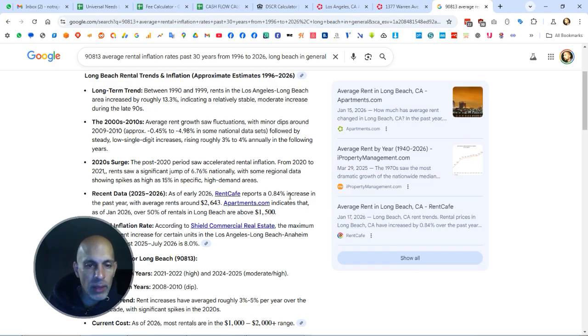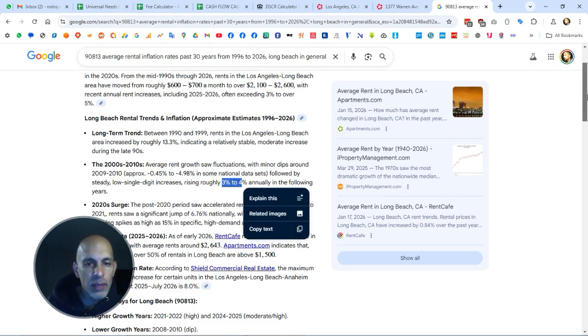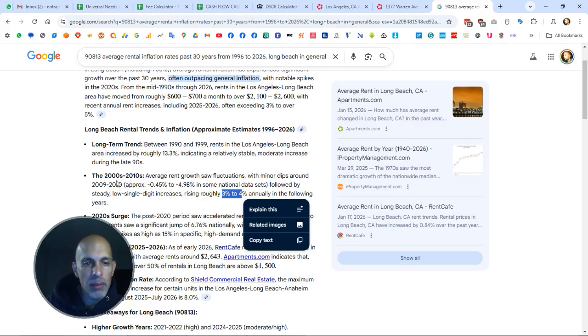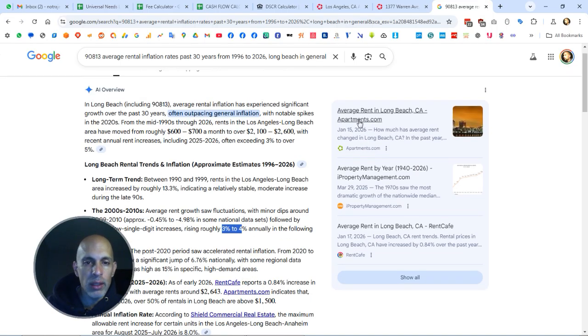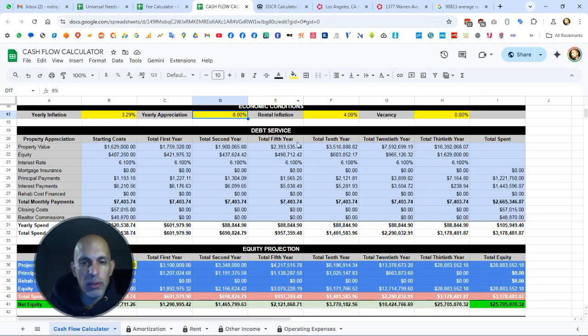Only 0.84% in the past year. Annual inflation rate is 8%. Oh, this is the maximum allowable there. So this is between 3 to 4% in the following years, that means from after 2010. Long-term trends show over 3% and sometimes over 5%. So I'm just going to leave it at 4% over here.